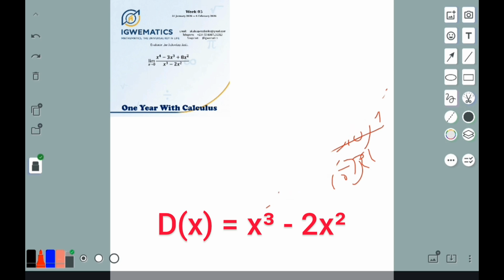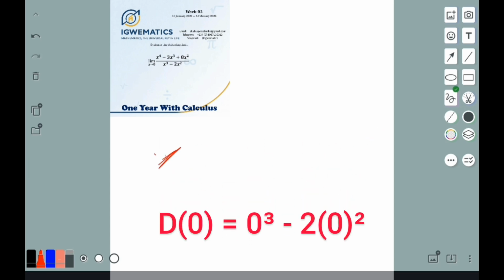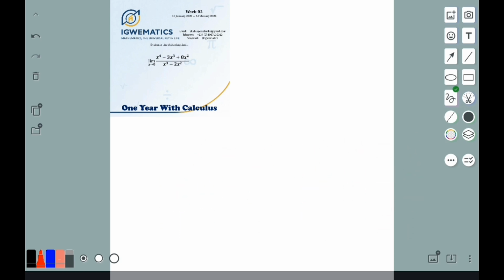If you plug in 0 into the denominator, you get 0 to the power of 3 minus 2 times 0 to the power of 2, so you just get 0 also. And in mathematics, whenever you have 0 divided by 0, you have a very big problem. You cannot divide by 0. So since the numerator and denominator both tend towards 0, you can't use that method of substitution.